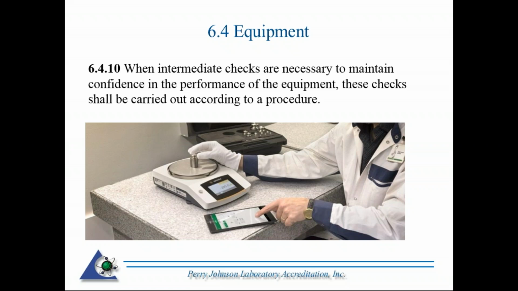Could be on a daily basis, could be on a weekly basis, whatever is specified in the procedure. Those folks that are involved in testing, when you're using samples with blanks and spikes, that's an intermediate check on that equipment. And if that's defined in the procedures to utilize things such as spikes and blanks, those checks need to be carried out according to the procedure.